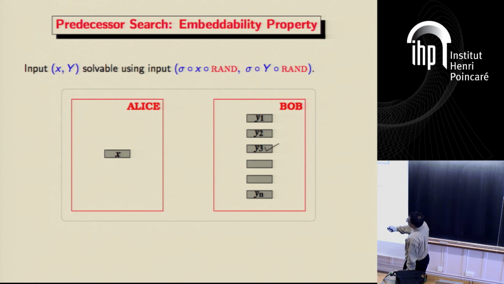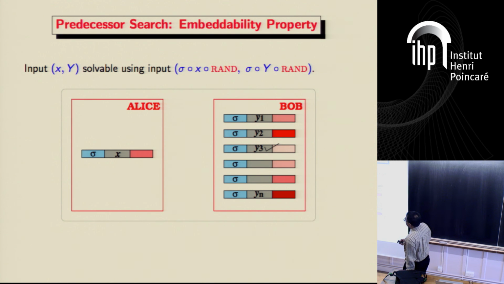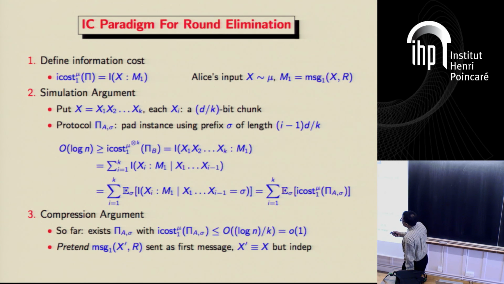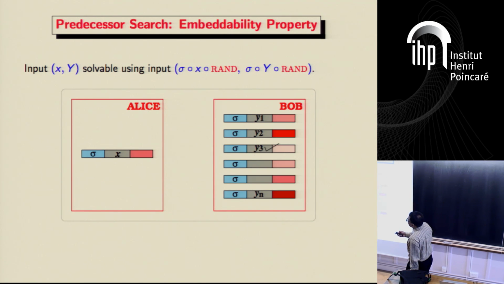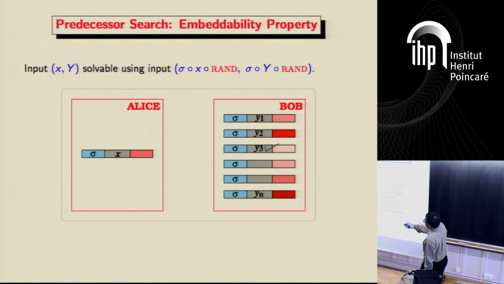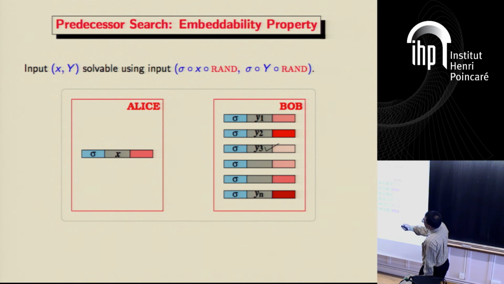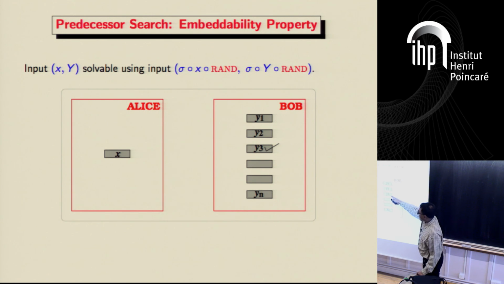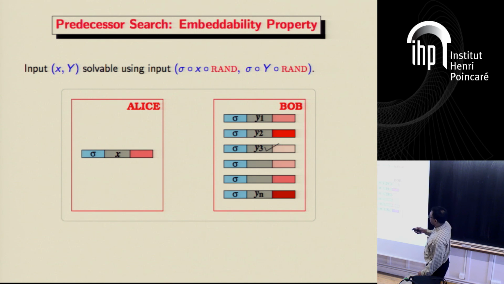We have a small version of the problem, let's say in a small number of dimensions, and we embed it like this. We have some fixed prefix sigma that we apply to everything, to the query as well as to every data point, and then we fill the right end of things with random stuff. Okay, and it should happen that if this one was a correct answer to the original instance, then it's still a correct answer to this embedded or padded instance.